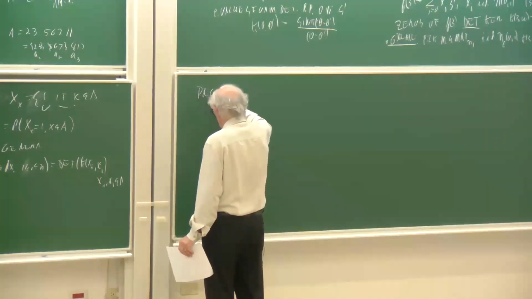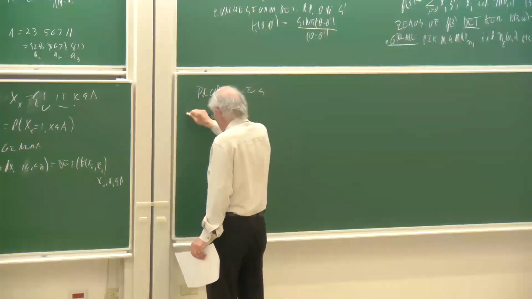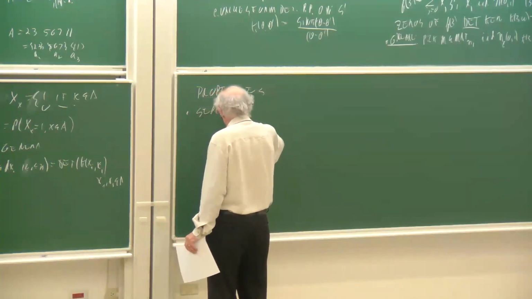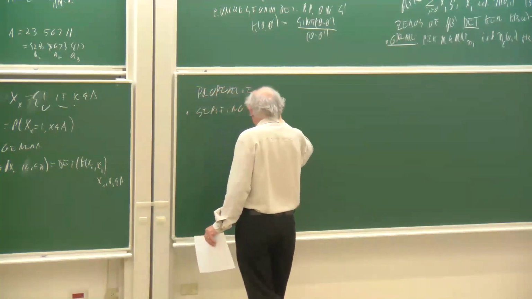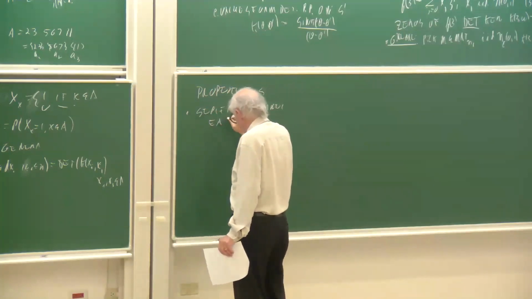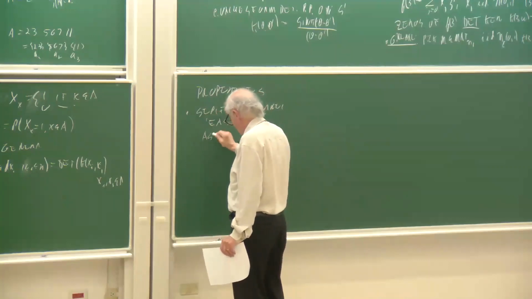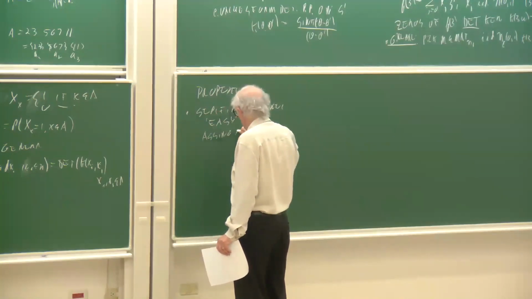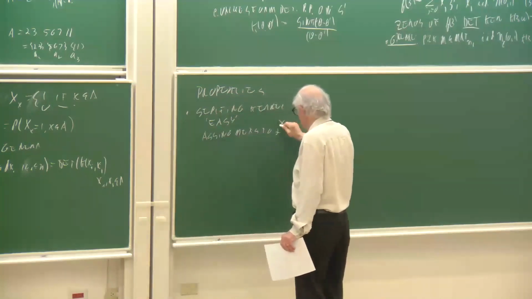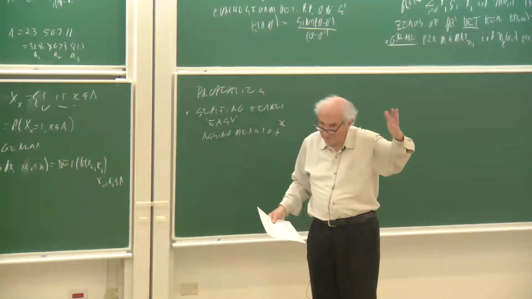Properties. The first is that specifying a kernel is easy, relatively, and assigning a measure to 2 to the x, as a measure on the space of all subsets, is more complicated.